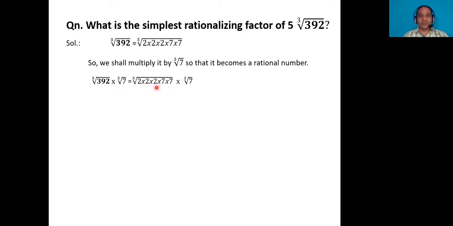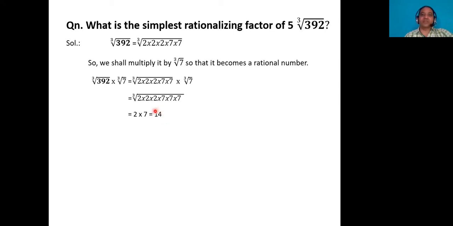This is the prime factorization of 392, and now inside we have 3 7's. There were 3 2's and 3 7's. So after taking out the triplets, or solving the cube root, this becomes 2 into 7, and this gives you 14.